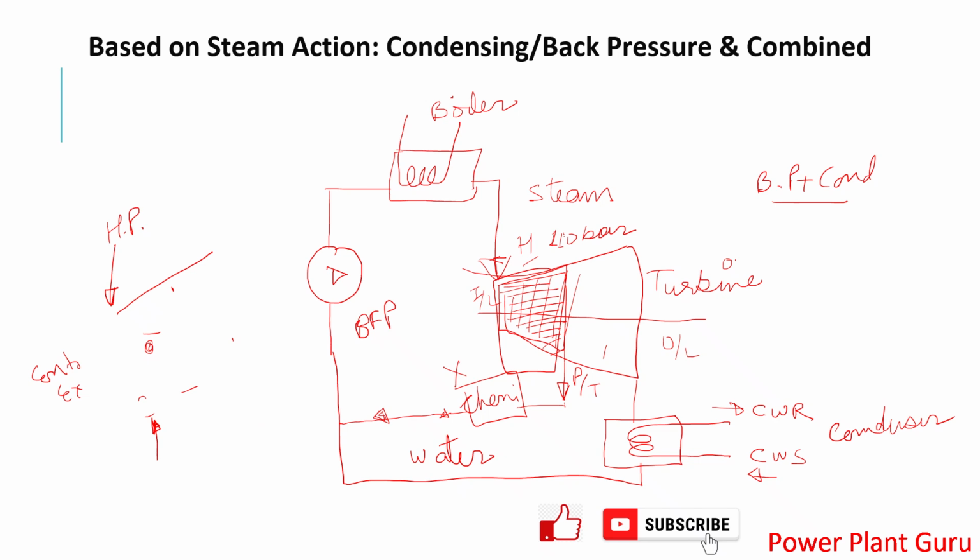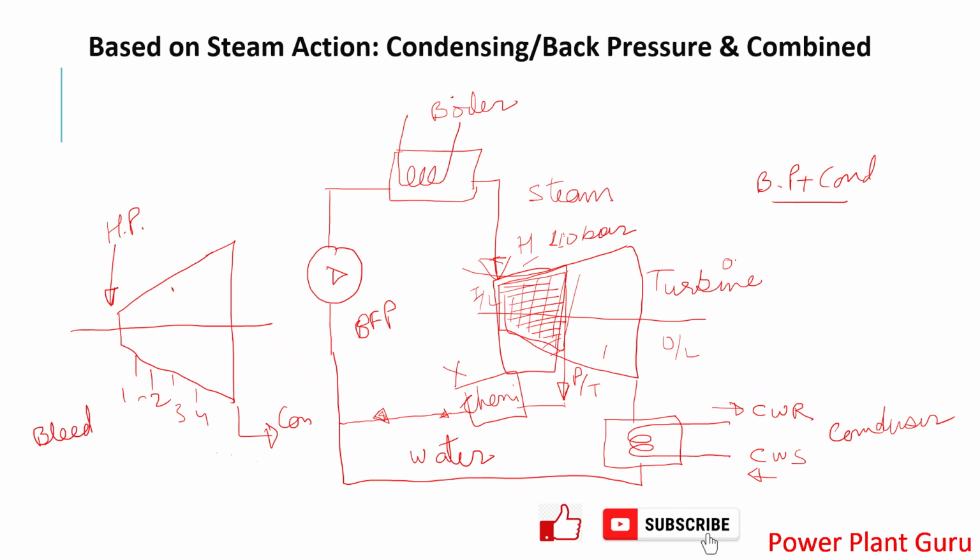And many a time it happens that you don't have a controlled extraction, normally in a large coal-based power plant. So you enter HP steam, there is a condenser, and in between you have one, two, three, four, maybe five, six, seven extractions, and these are simply called bleeds.